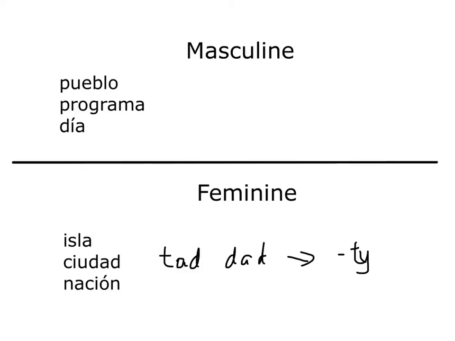Words that don't end in O or A, DAD or CIÓN or SIÓN or TAD, we have to just memorize those. So how do you find out in the first place in order to memorize them? Look in your book or in a dictionary and it will give you little words to help you out, or it'll put F or fem or M or masc in parentheses to let you know.